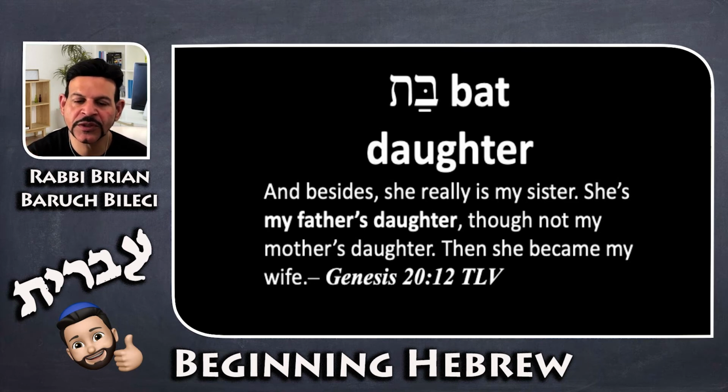Notice it was customary in those days, without strong rules of intermarriage, there was a cultural custom that as long as the sister was from the father and not from the mother, it was okay to marry. And that's the same with Judaism, how they look at someone who is Jewish as someone who comes from the mother's side, because if the mother is Jewish, the child is Jewish.